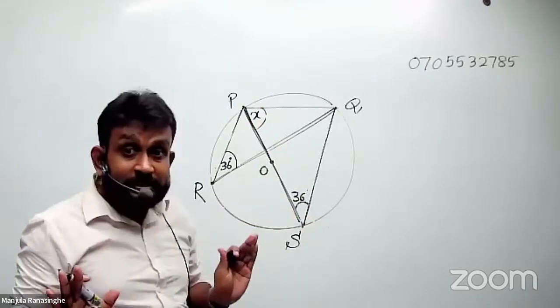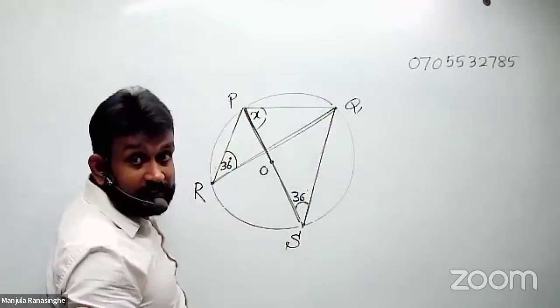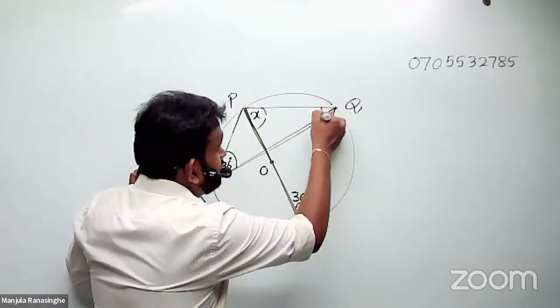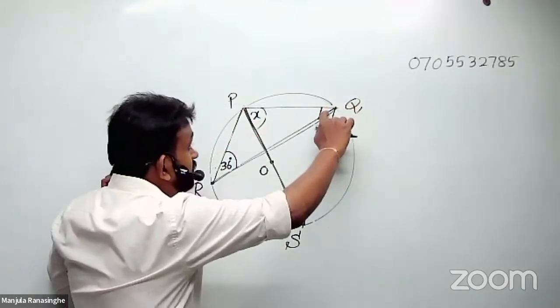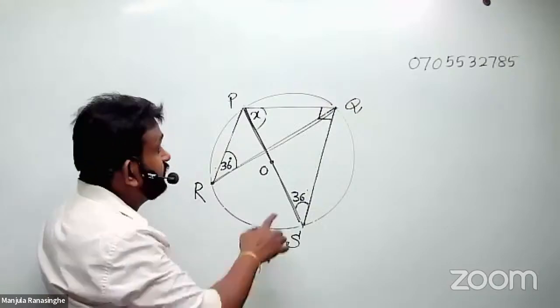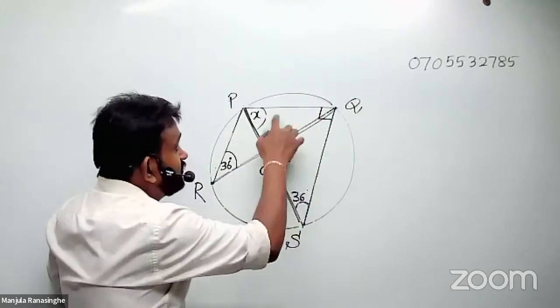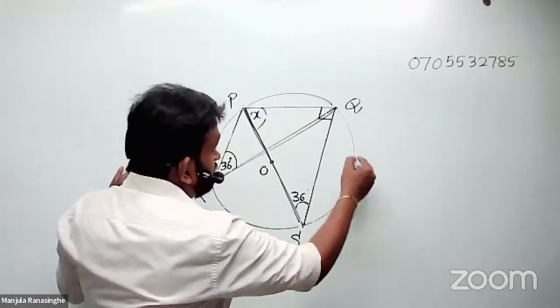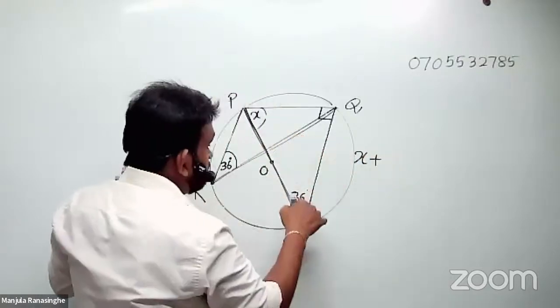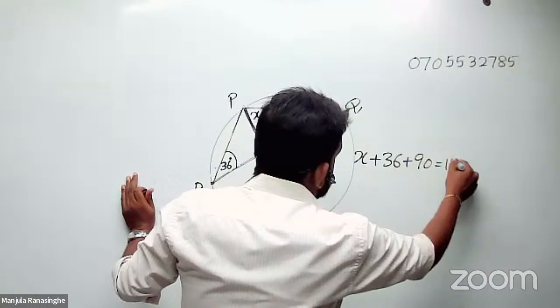So if a diameter is there, the angle subtended from the diameter on the circumference is 90 degrees. Right, this is the diameter. From the diameter, the subtended angle is 90 degrees. Now you can see that in this triangle, the sum of these three angles shall be 180 because this is a triangle. So you can write x plus 36 plus 90 gives you 180.